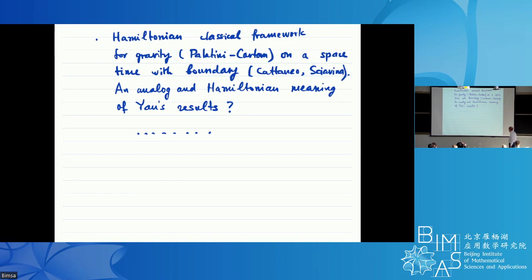And then the question is whether the notion of energy exists in this setting. This is not going to be an asymptotically flat metric, but a metric with given boundary conditions. So that would be very nice.